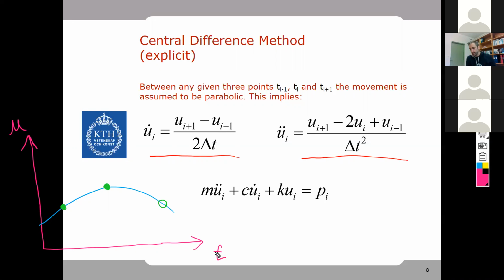This is time t sub i, and this is time t sub i minus 1, okay? And these two should be known, because we have already calculated them, they are like in the past, and we want to calculate the new one, which is at t sub i plus 1, okay?